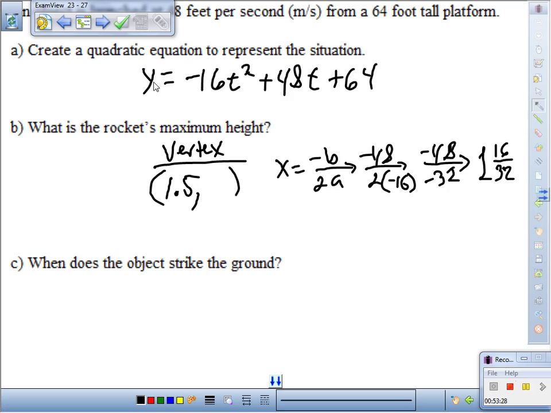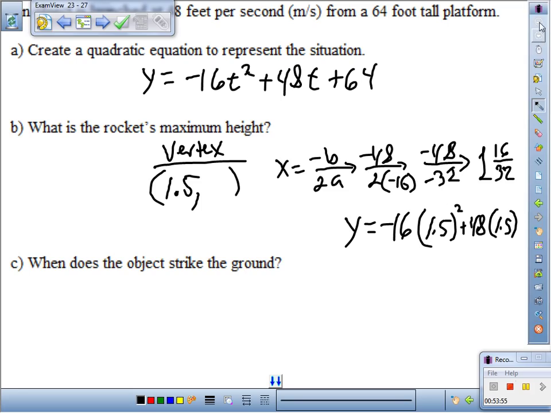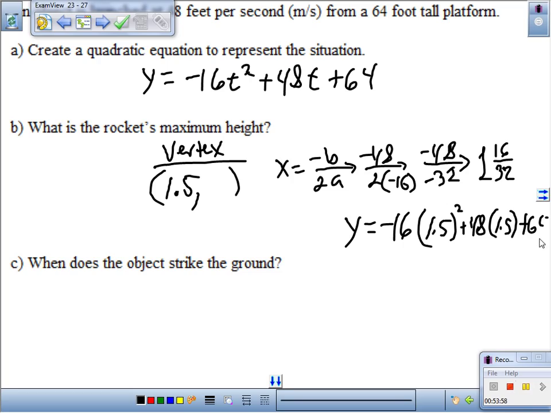Now how do we find the y value? You guys remember that? Yeah. So I write y equals negative 16 times 1.5, I'm going to use decimals this time, squared, plus 48 times 1.5 plus 64.